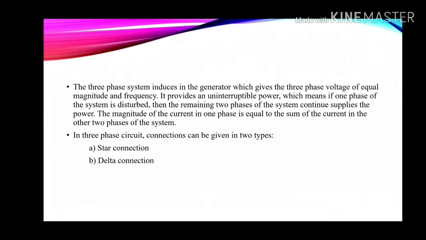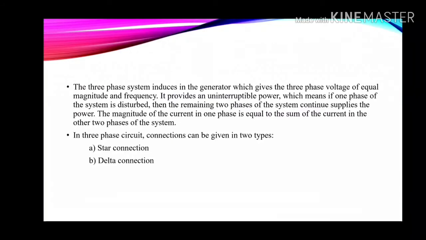It provides uninterruptible power, which means if one phase of the system is disturbed, then the remaining 2 phases of the system continuously supply the power. The magnitude of the current in one phase is equal to the sum of the currents in the other phases of the system.